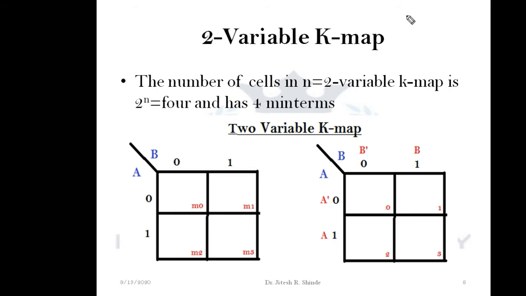A 2 variable K-map will consist of 2 rows and 2 columns. Here we need to write on the vertical side A and here B, and here 0, 1, 0 and 1.